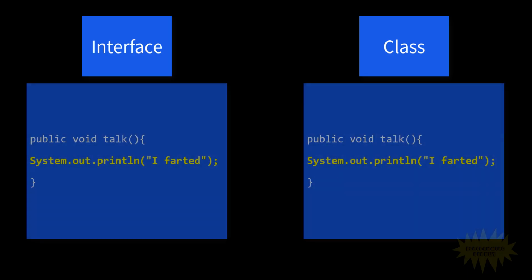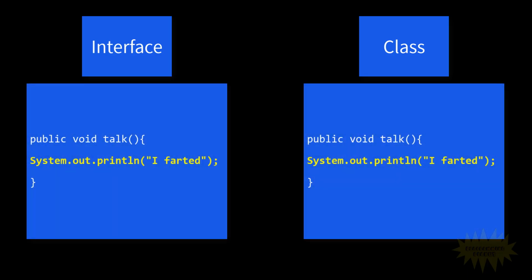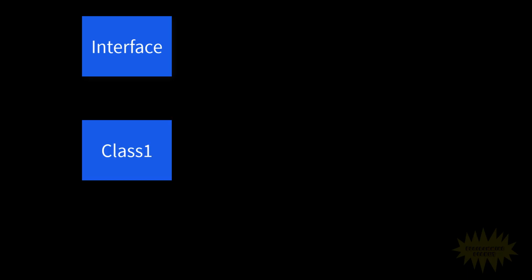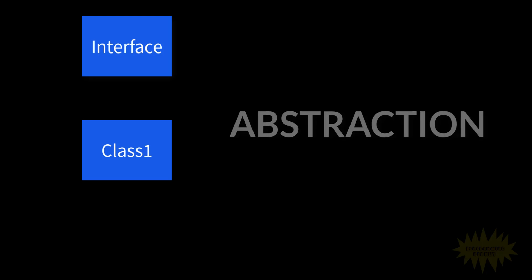Interfaces are very similar to classes, except that the methods don't have any implementation. The goal behind an interface is for classes to use them as guidelines so that they can ultimately achieve abstraction.